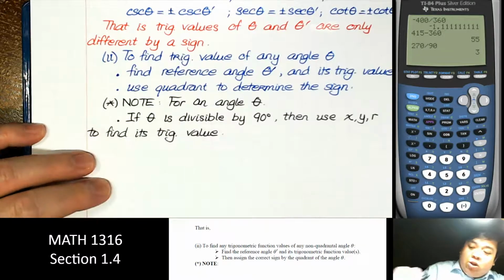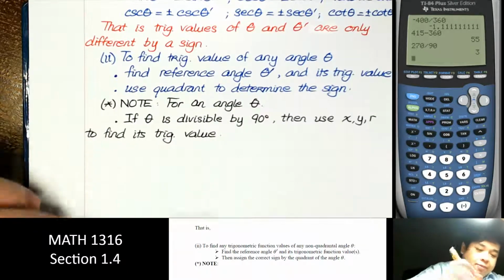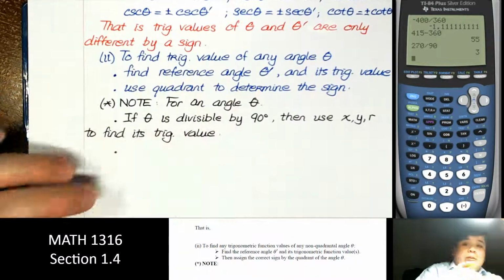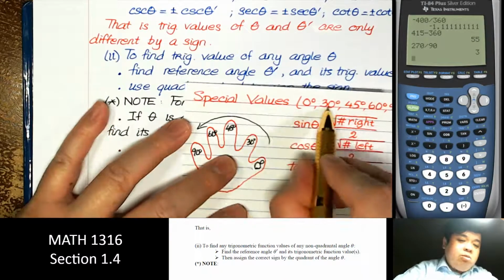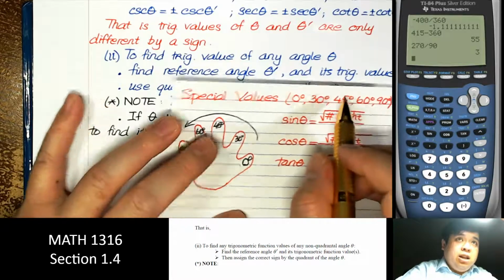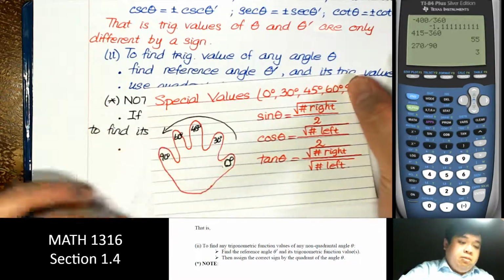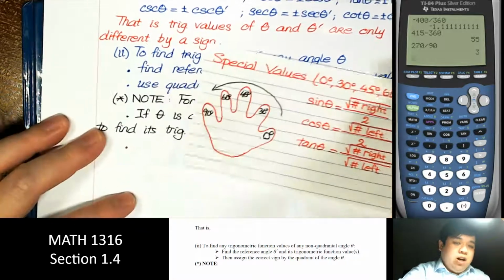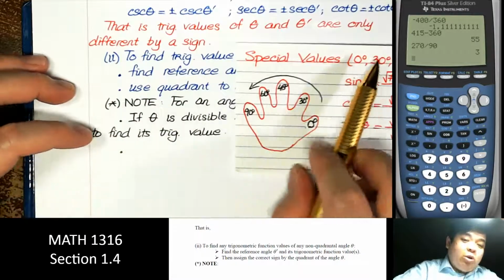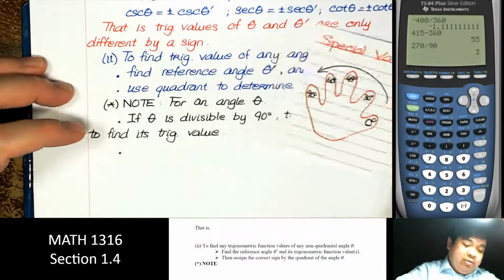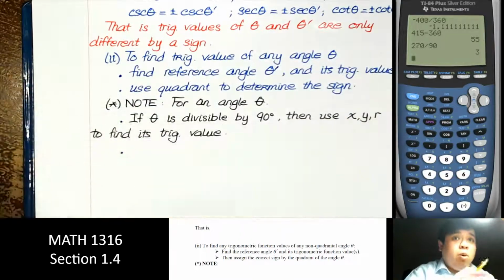What would be special is what we do next. Now, again, 0, 30, 45, 60, and 90. So if it is divisible by 90, that's special. We're not going to use the hand trick. We only use the hand trick for 30, 45, and 60, actually. Now, this is very important.